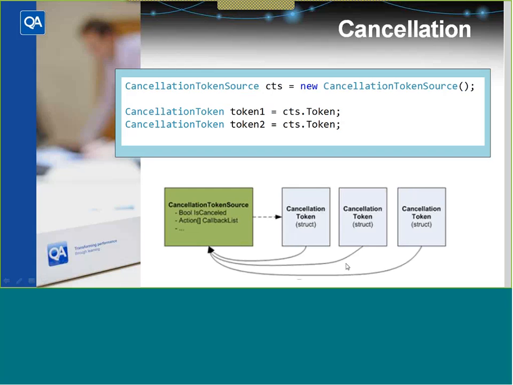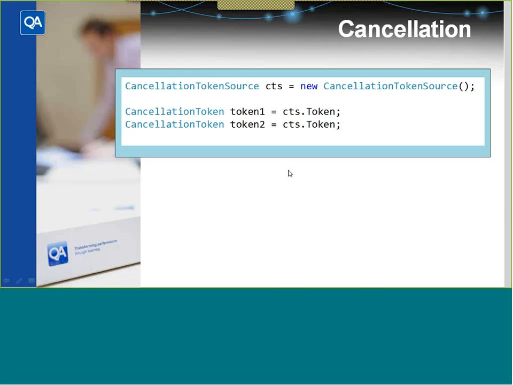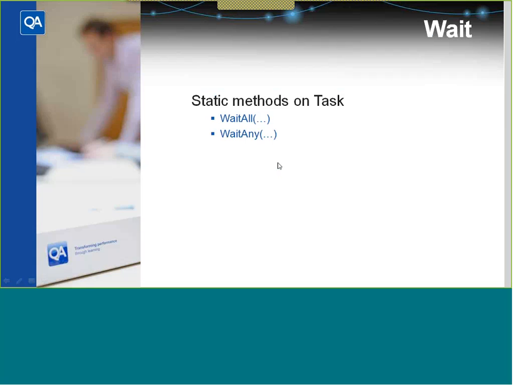So the cancellation mechanism, token source, and cancellation tokens. Finally, in this section, the wait. Wait all, wait any. Hopefully fairly self-evident that here you can wait on all of a set of tasks completing. Here you can wait on the first task that completes, then off you go.